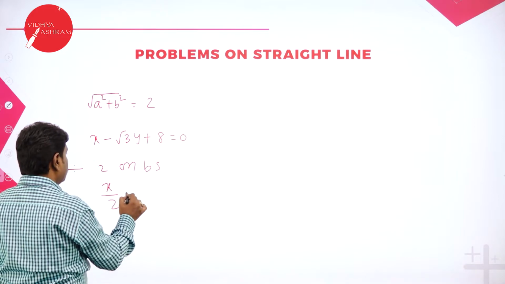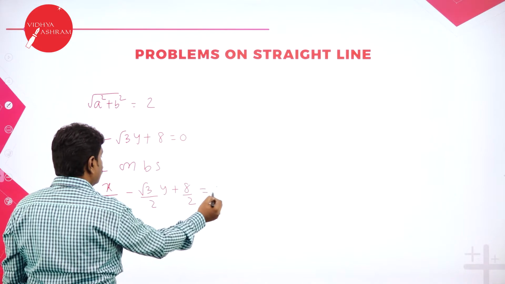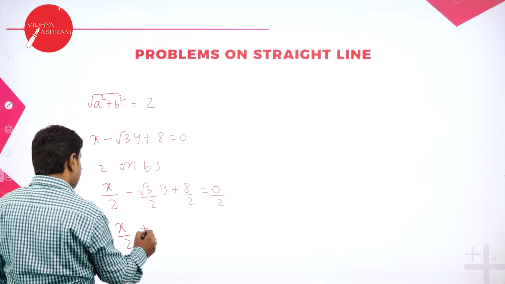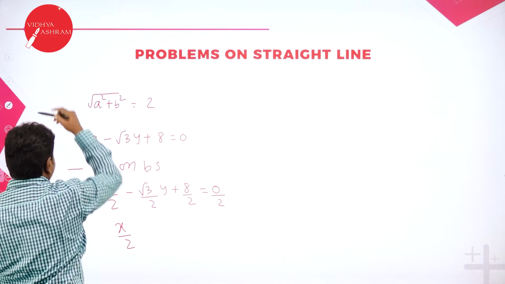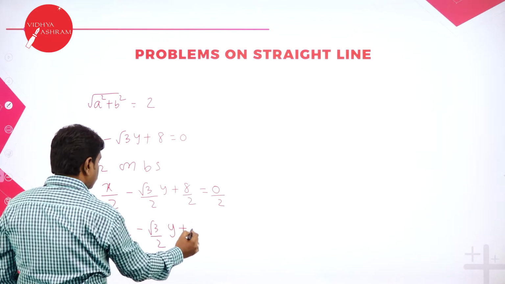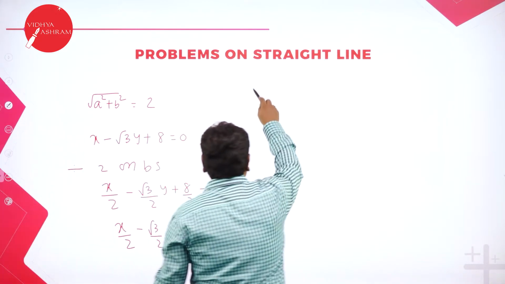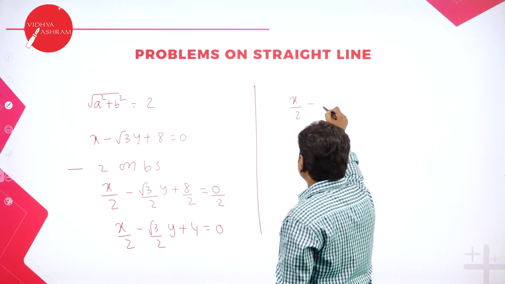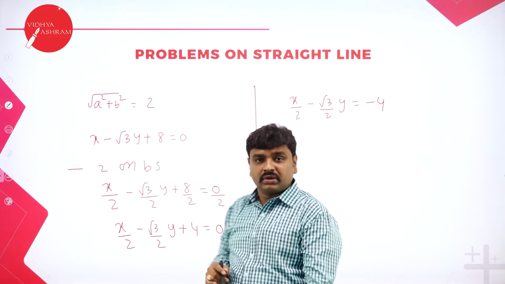It will become x by 2 minus root 3 by 2 y plus 8 by 2 is equal to 0 by 2. So it will become x by 2 minus root 3 by 2 y plus 4 is equal to 0. Further, I can rewrite it as x by 2 minus root 3 by 2 y is equal to minus 4.